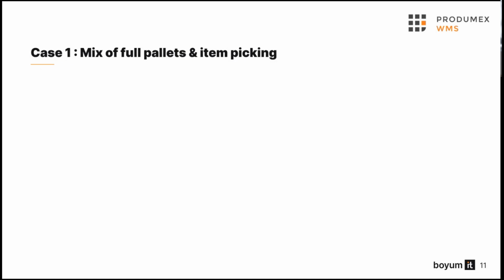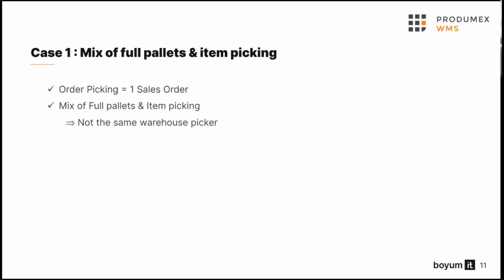The first example is a sales order that requires some full pallets and some item picking, so some units. In my example I will have one sales order with a mix of full pallets and units.